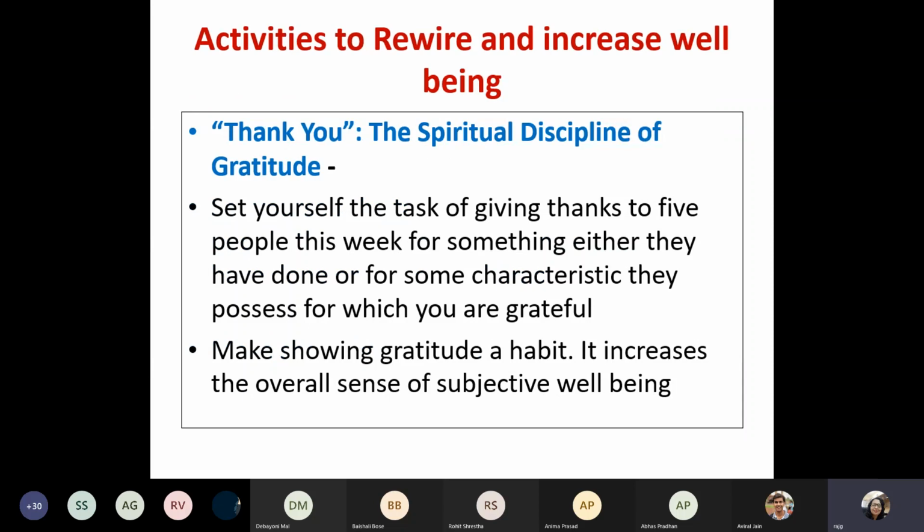The other one is gratitude, saying thank you. This is one task that has been seen to be very, very good in improving well-being and happiness. You can try this.